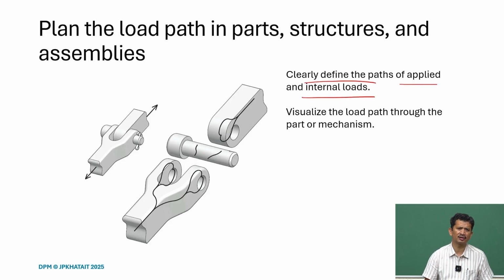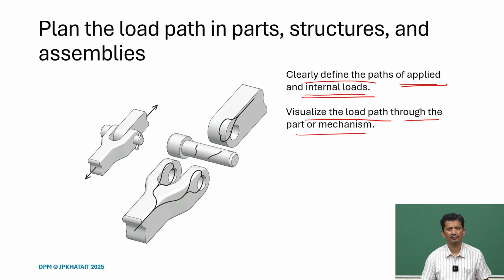Internal loads, for instance, the bolting, or the thermal loads generated because of temperature variations. Not only applied, but the internal loads also we have to check how they are moving, what path they are taking in the machine, and we also need to visualize through the part or mechanism. Then only we should be able to tell exactly what's going to happen.